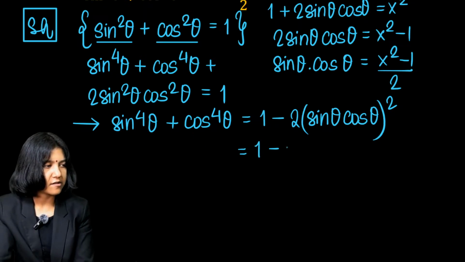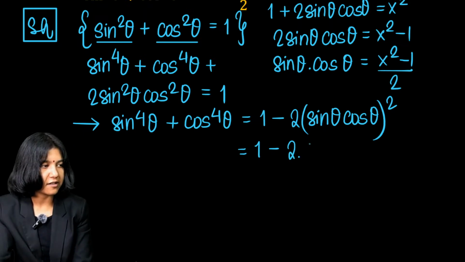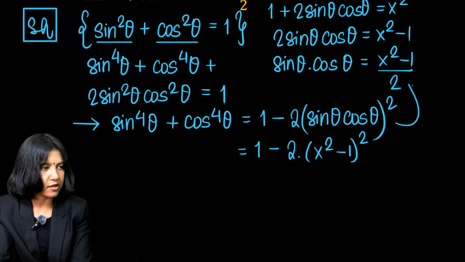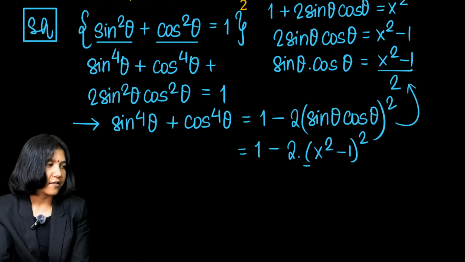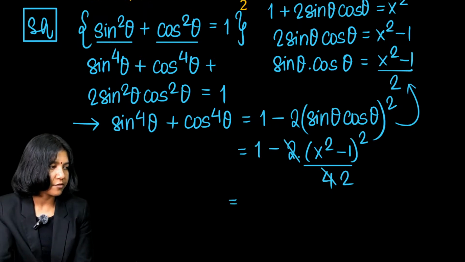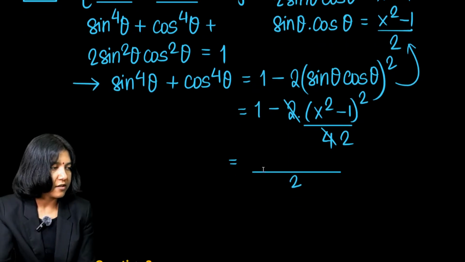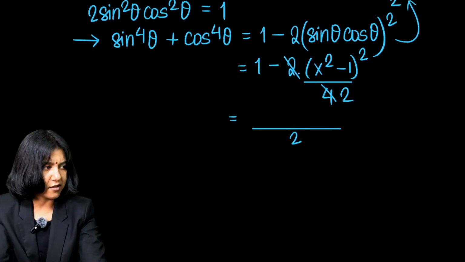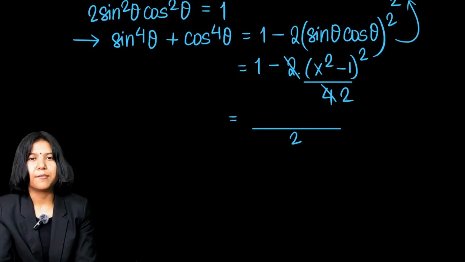1 minus 2 times the square of what they want me to take. So the square of x square minus 1 upon 2 will simply be x square minus 1 the whole square, and square that 2 at the bottom, which gives me 4. That 4 and 2 cancel out to give me 2 at the bottom now. I can take that 2 as the common denominator, so instead of this 1, I will go ahead and write 2, because I'm making my denominator common.